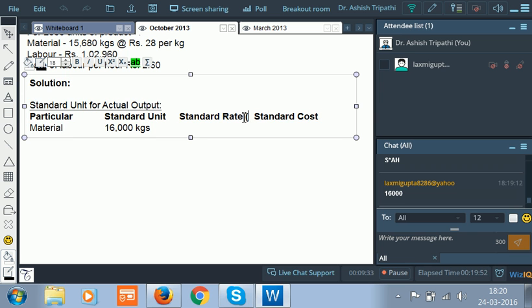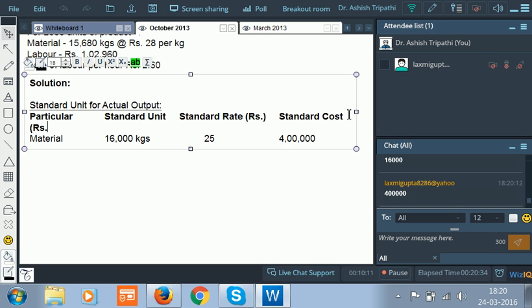So standard rate we will say in rupees, 25. Now if we want standard cost, how will we get it? We just multiply 25 with 16,000. Very good, 4 lakhs. So our standard cost will be 4 lakhs. Again we will write in the bracket of standard cost that this amount is in rupees.